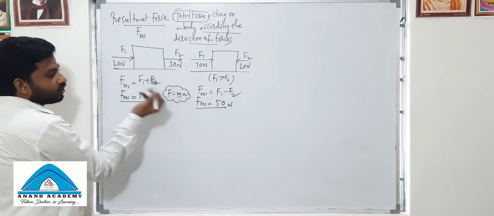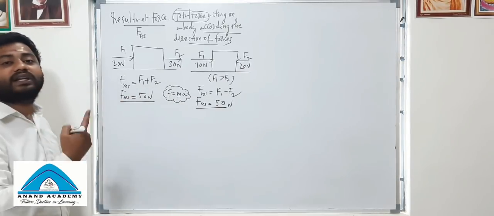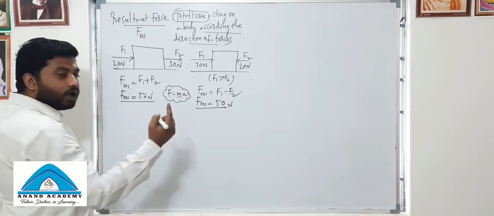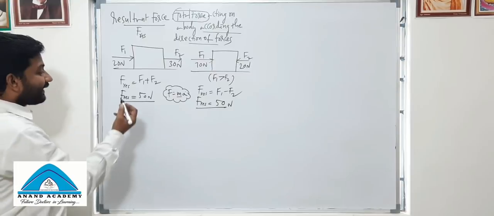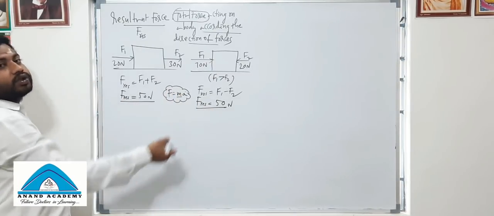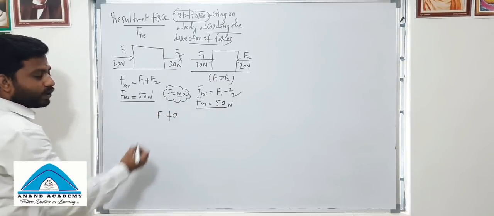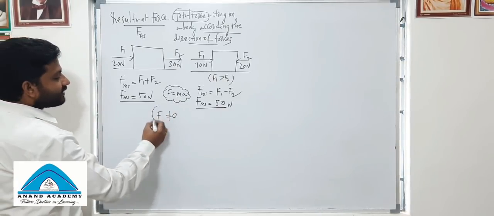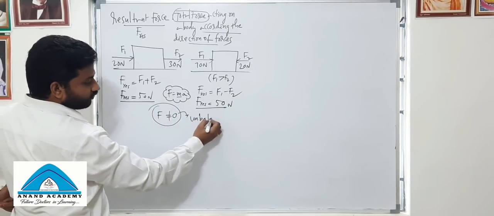This is the force called accelerating force. Okay? Clear? So what I can say, when there are forces which are not equal to 0, these are the forces called unbalanced forces. What are those forces called?